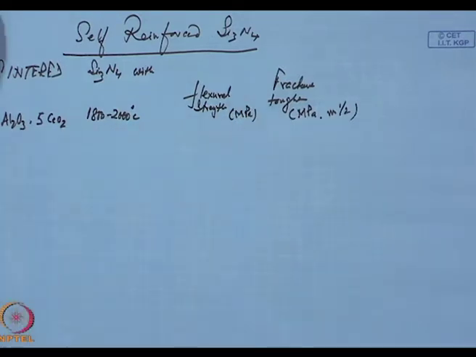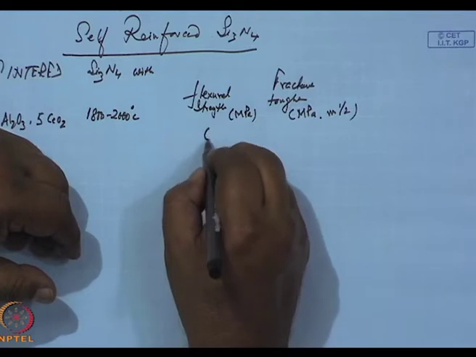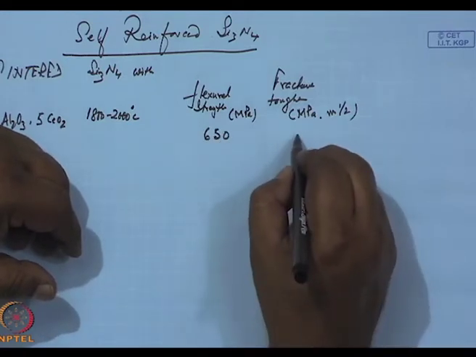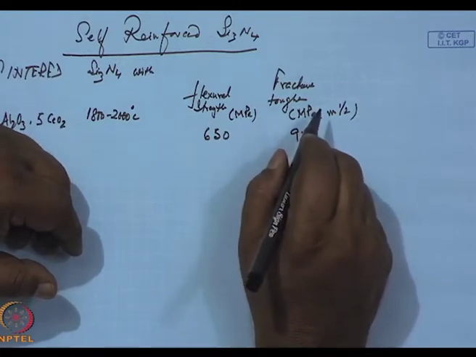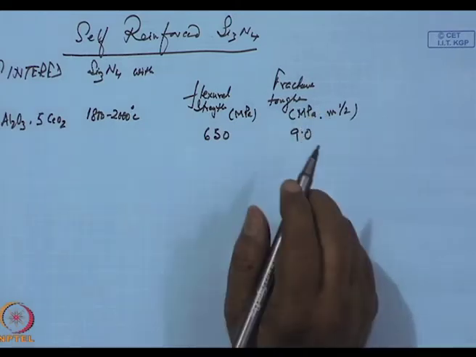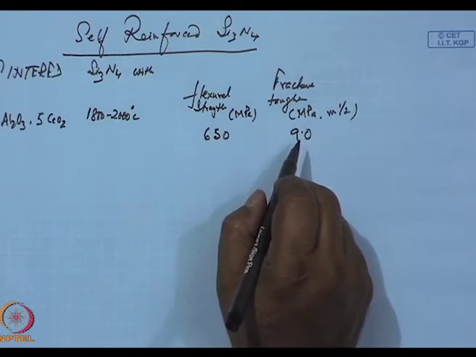If I sinter it with these additives, alumina, 5 cerium oxide, the flexural strength would be around 650 MPa and the fracture toughness would be around 9.0. You see, this has significantly increased.